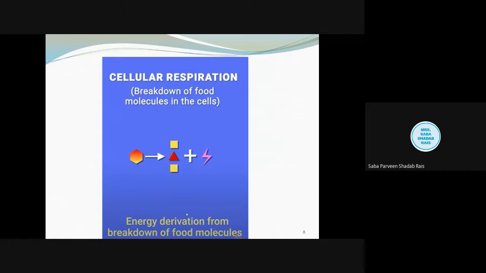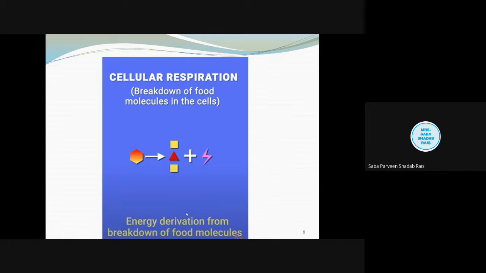It will receive the oxygen from the surrounding circulating blood, and whatever food particles it has already derived, it is going to break down those food molecules. Now this cellular respiration will release the energy currency, that is ATP.